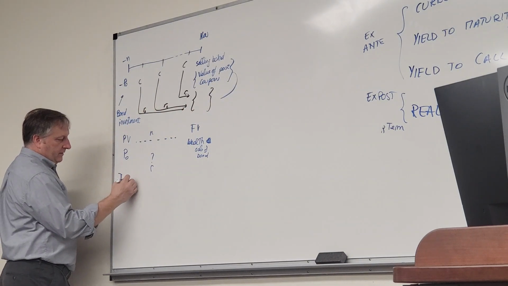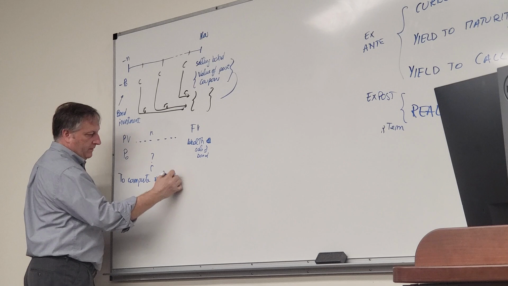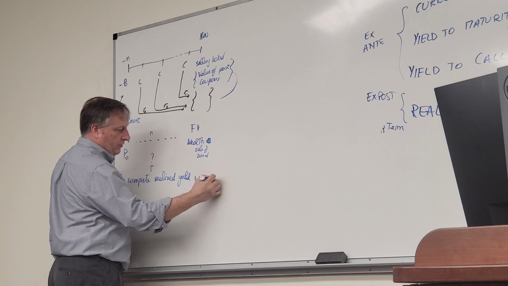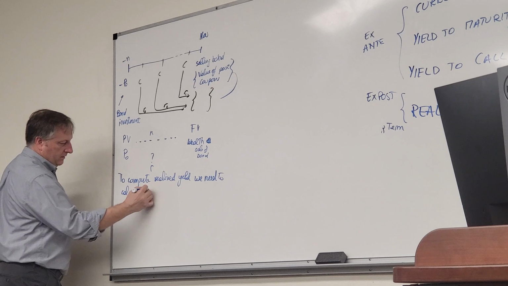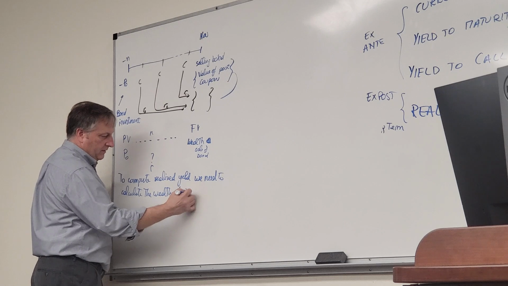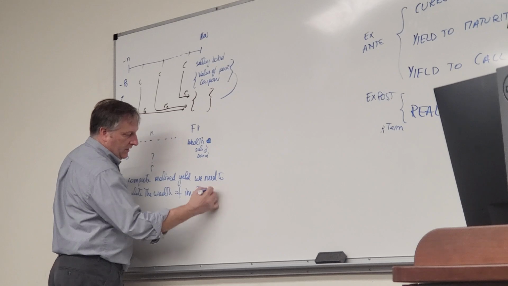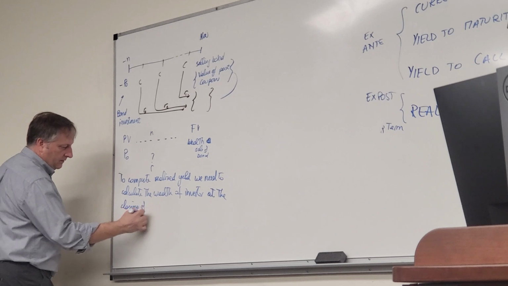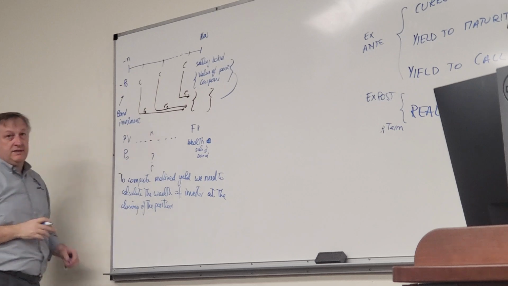To compute the realized yield, we first need to calculate the wealth of the investor at the closing of the position. So this means at the end of this time period.